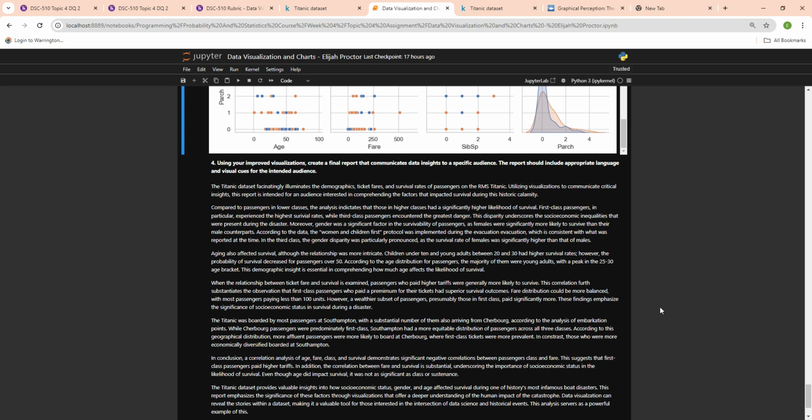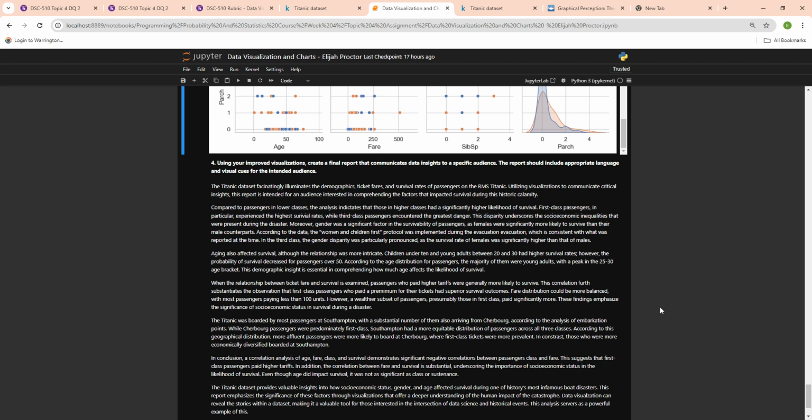So just to wrap everything up, the data shows the strong links between class, fare, and survival, with socioeconomic status playing a huge role. Age also mattered, but not as much as class or ticket prices.